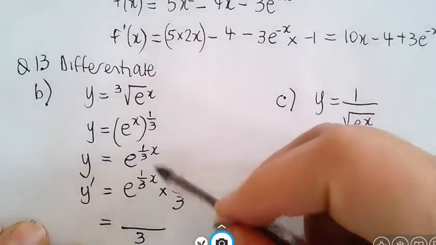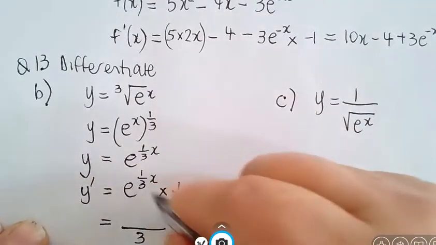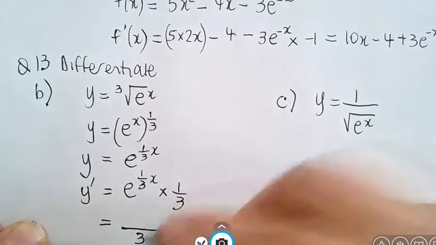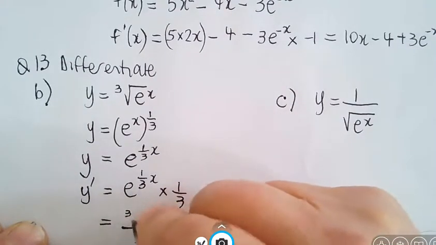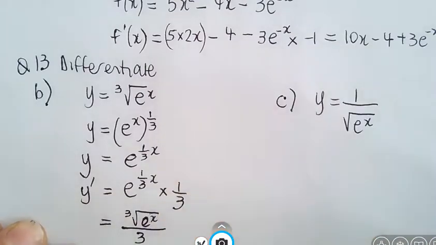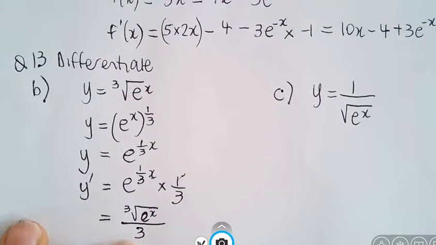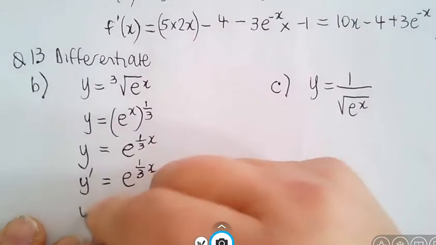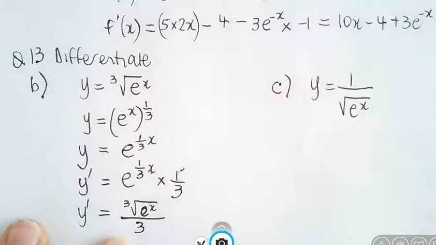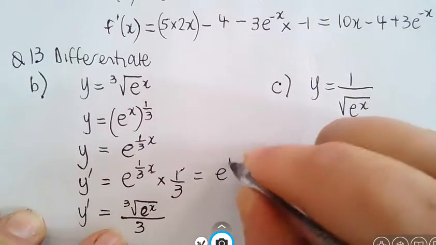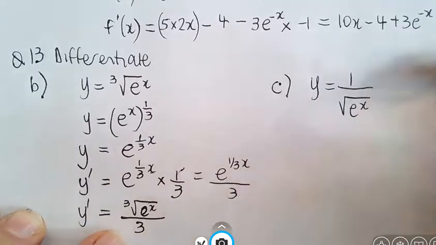Now, e to the 1/3 x is just, I can now go and write it back out in the format that the question was given. E to the 1/3 x is this. Times a third means put it over 3. So that is now written in the same way that the question was presented to you. So this is, look, e to the 1/3 x over 3, yes?